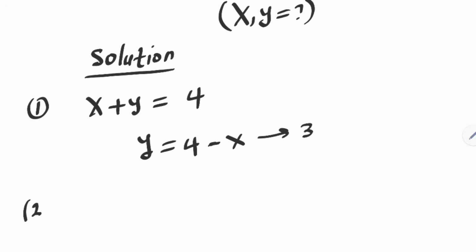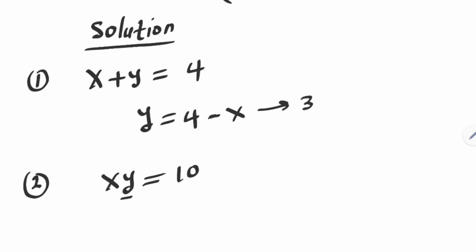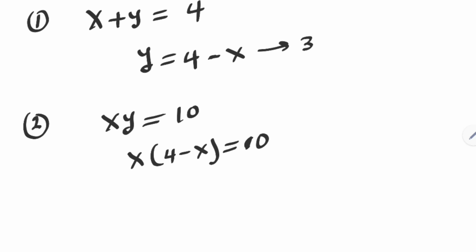From equation 2, xy is equal to 10. Now we can substitute for y, which is 4 minus x. x bracket 4 minus x is equal to 10. Let us open the bracket with this x multiplied by 4.